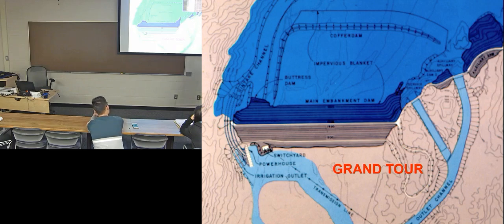But the entire volume of the main dam, the upstream blanket, and the auxiliary dams, 140 million cubic yards. This is still the largest earth and rock fill dam in the world that is designed as a dam.